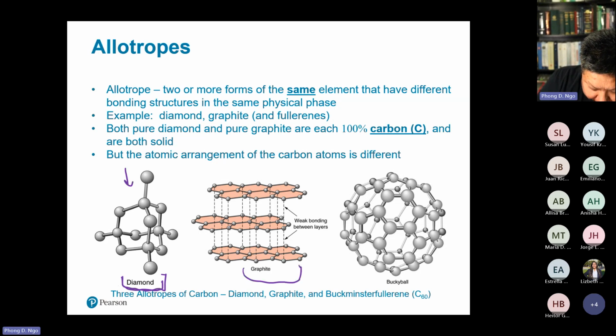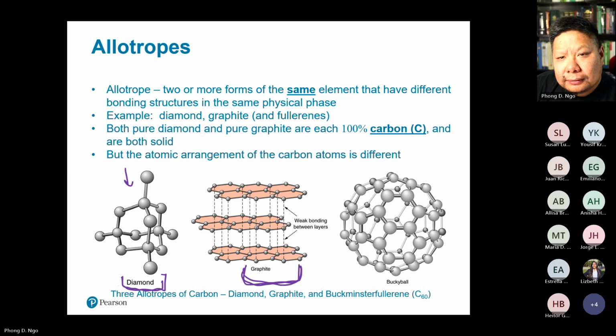Carbon can also be in the form of graphite, right? Graphite. This is carbon in the form of graphite. Does anybody know what graphite is in? Someone tell me in the chat. Hello? Anybody there? Hello? What's graphite in?